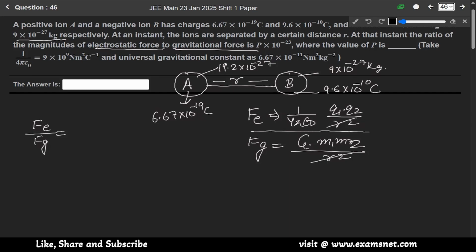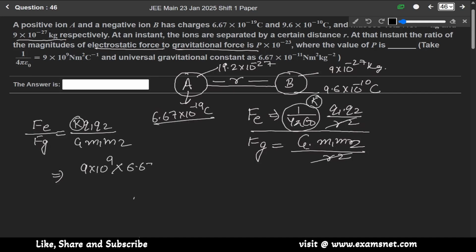So electrostatic force over gravitational force will be, r square cancels out. So 1 over 4 pi epsilon naught, let us write it as k. So it will be k q1 q2 over G m1 m2. Now we know that k value is 9 into 10 to the power 9 into q1. Q1 is this 6.67 into 10 to the power minus 19 into q2.